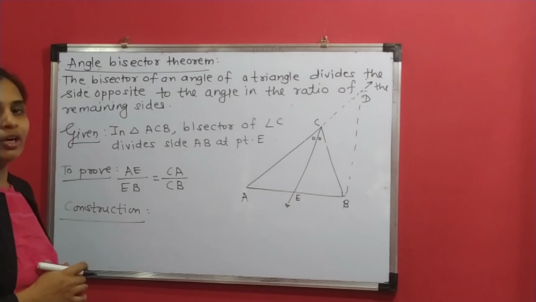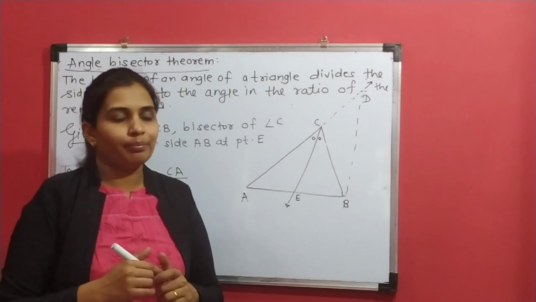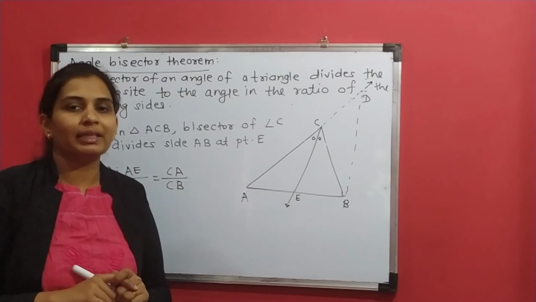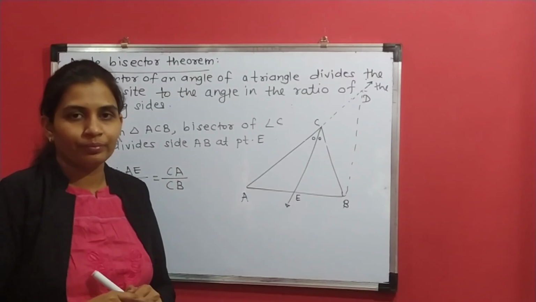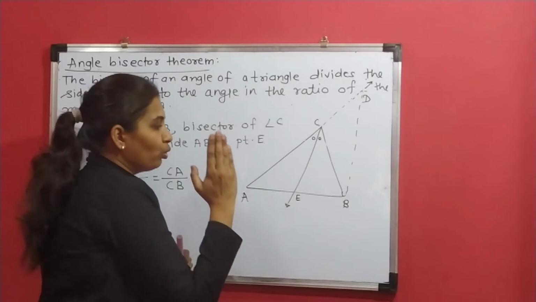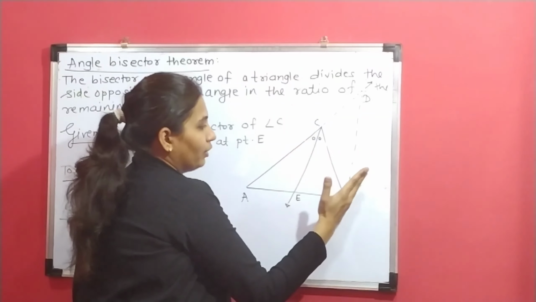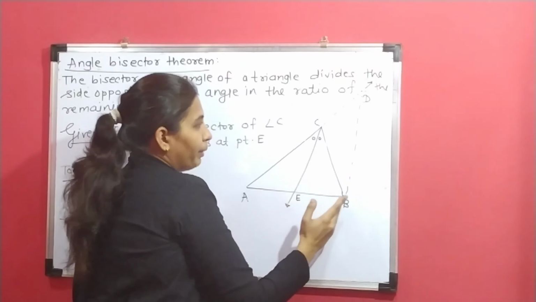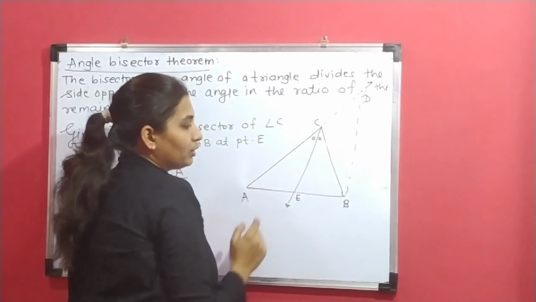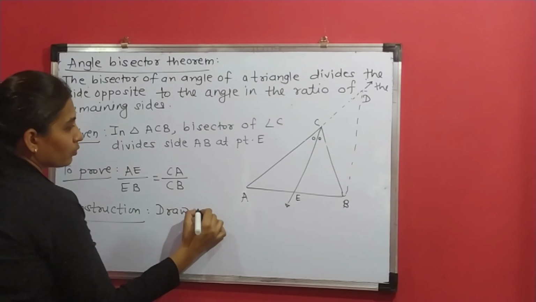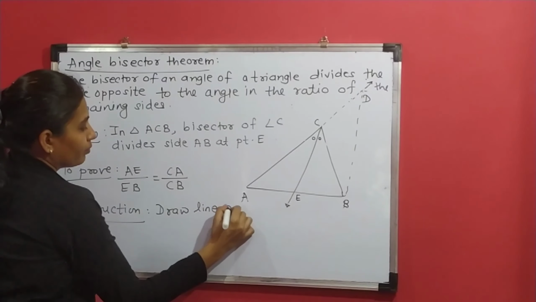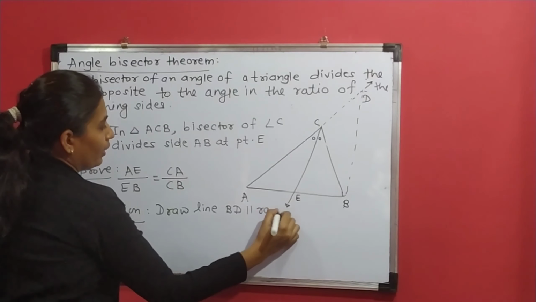Now we have to construct something here again. So what do we have to construct now? Our previous knowledge is the basic proportionality theorem, and we have to use that here. So we have to draw a line BD parallel to ray CE.